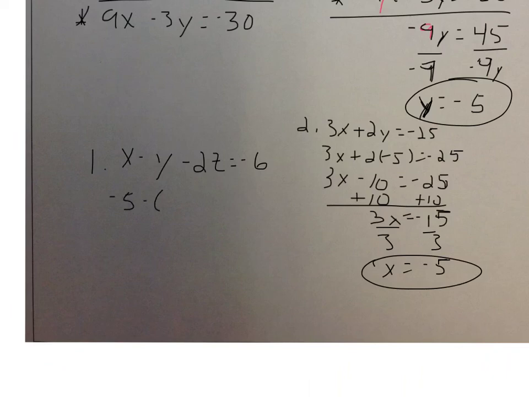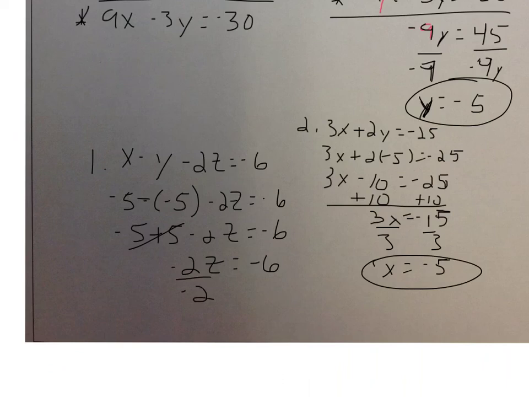I know my y is negative 5. So minus a negative 5 minus 2z equals negative 6. Well, now minus a negative is positive 5, so I got negative 5 plus 5 minus 2z equals negative 6, and those just cancel out, so I got negative 2z equals negative 6. Divide by negative 2, and z equals 3.